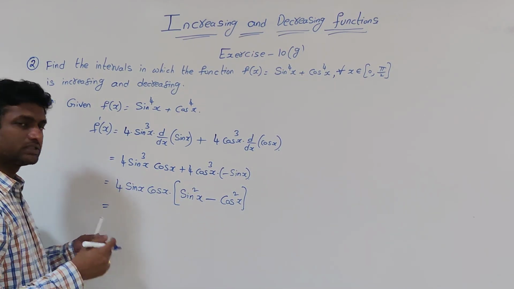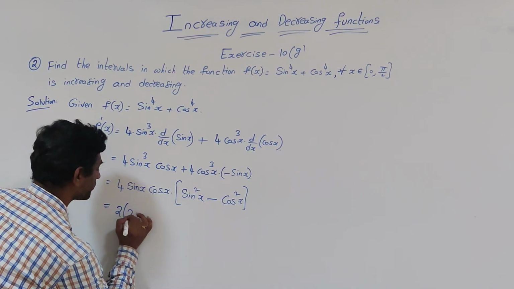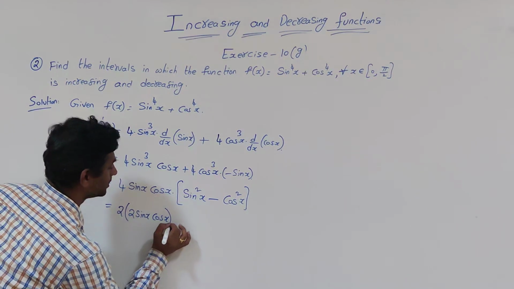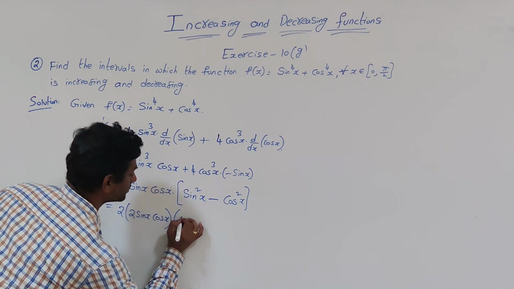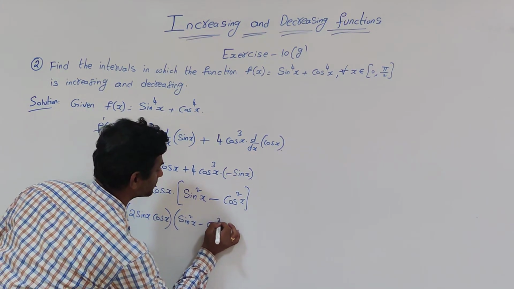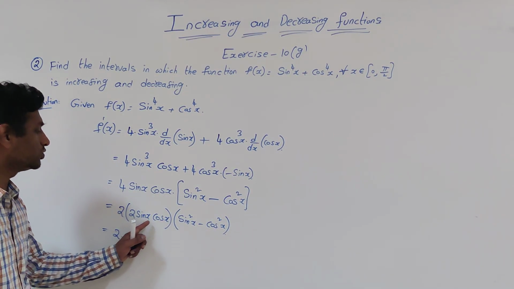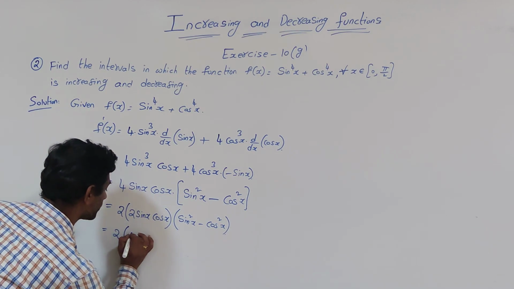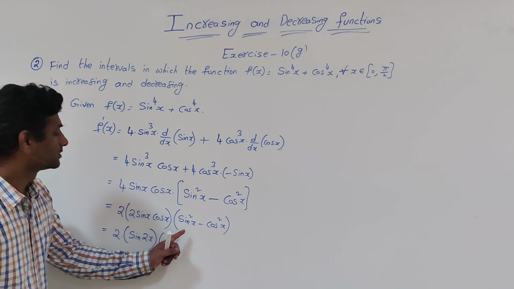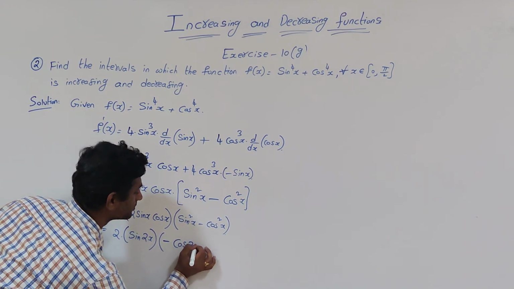Or if we still simplify, 4 can be written as 2 times 2 sin x cos x into sin square x minus cos square x. So 2 into, what is 2 sin x cos x? We can have sin 2x, and sin square x minus cos square x means it is minus cos 2x.